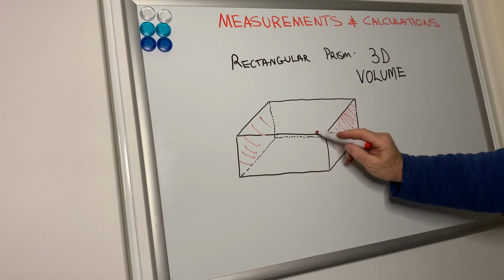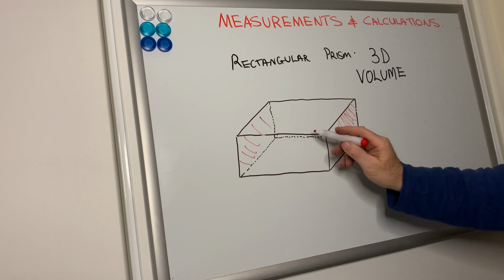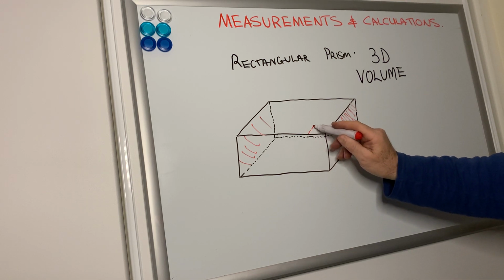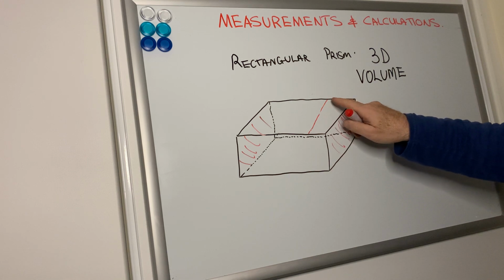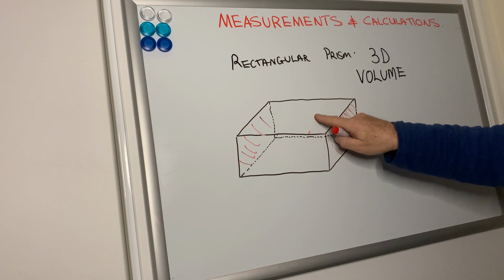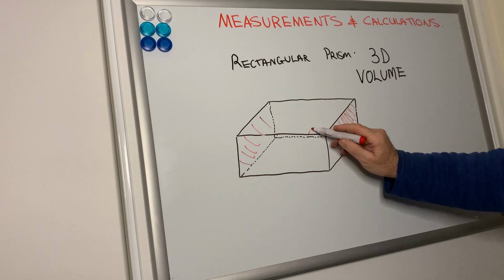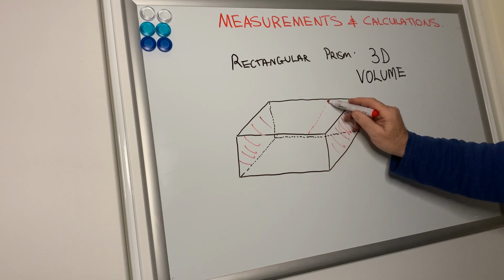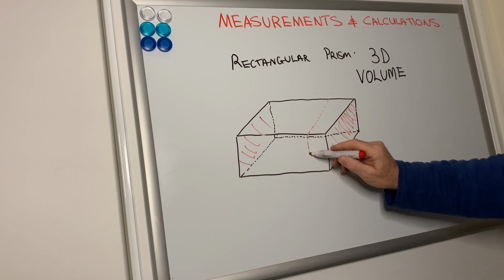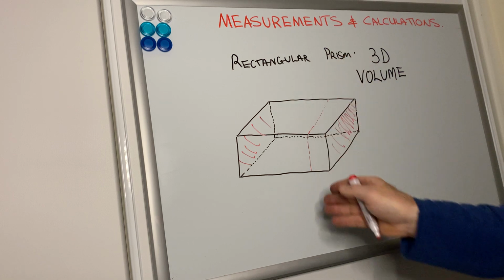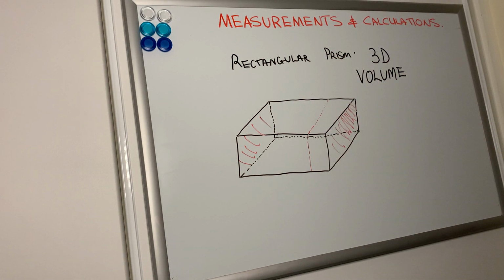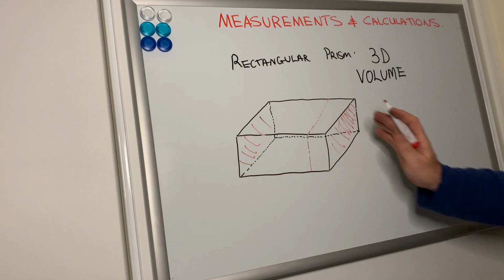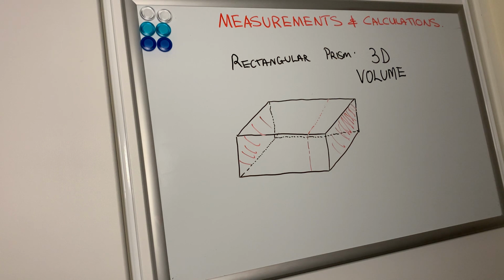So imagine, for example, this was like a block of cheese, and we were to cut along the cheese like that all the way down, and slice it. That would be what we refer to as a cross-sectional area, but that's the surface area anyway. It's essentially a two-dimensional shape, if you want to think of it like that.